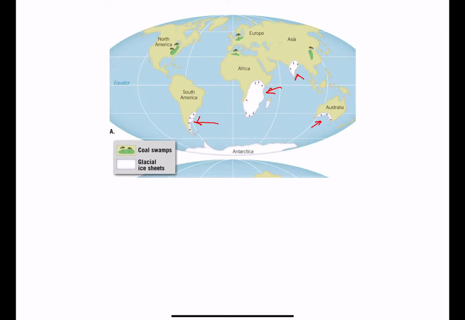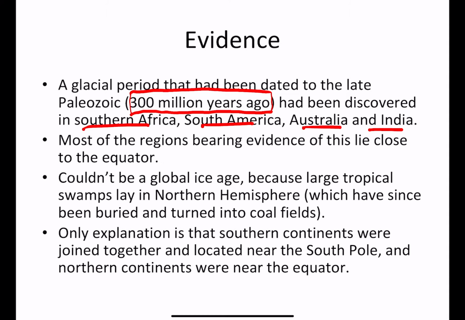Now, it's very hard to understand why these regions, which are not that far from the equator, would be completely covered in ice. You might say that maybe the whole world was covered in ice, right?